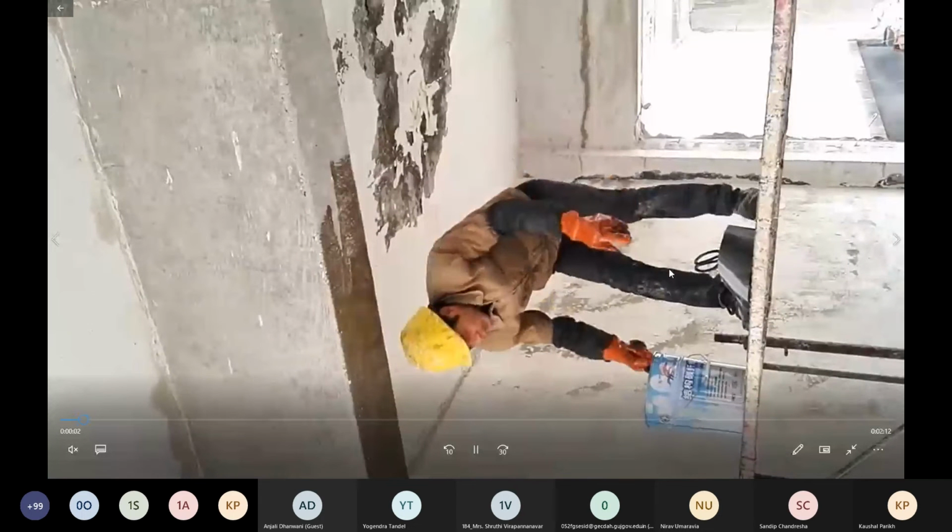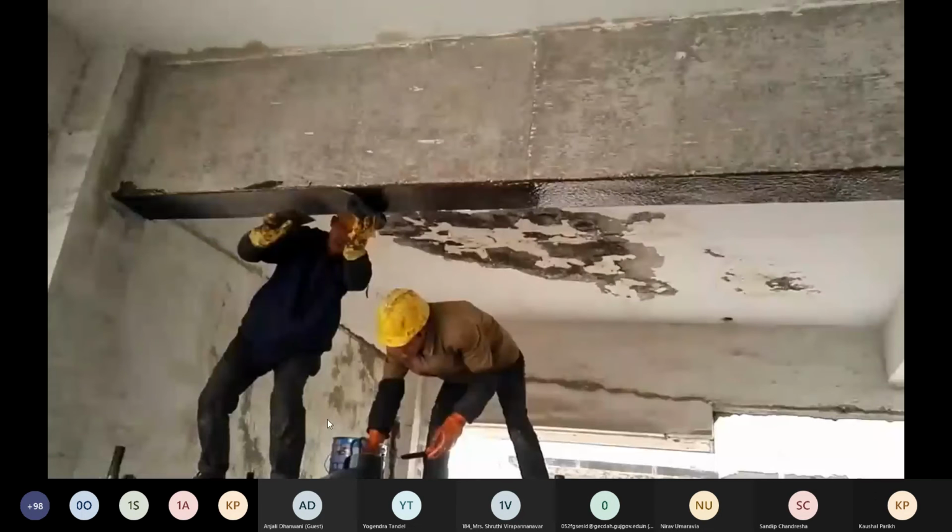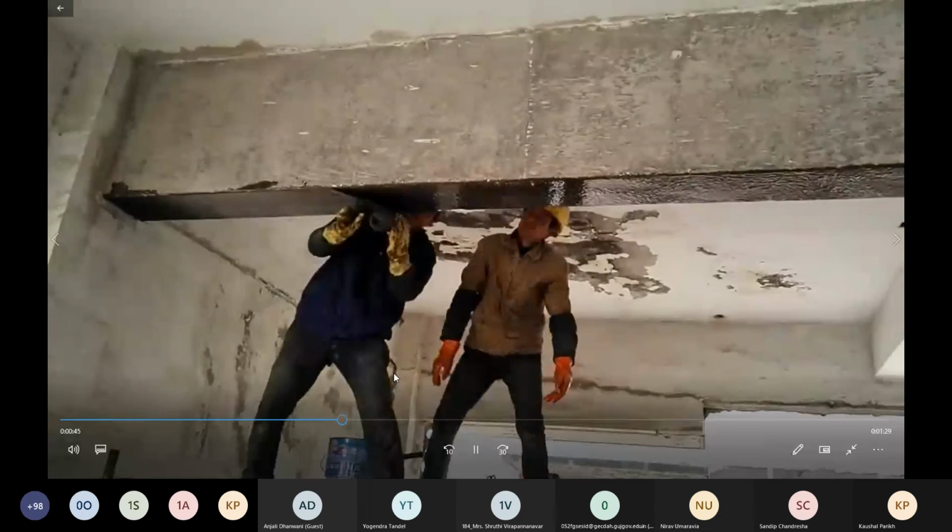They are going for application of the primer. Then application of the FRP sheet, as you can see here.